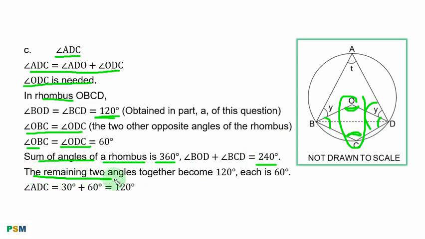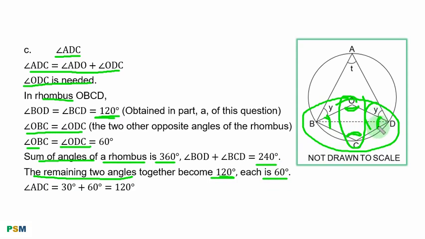The remaining two angles together become 120 degrees. That means this angle and this angle together is 120 degrees, and because both are equal, each one of them will be 60 degrees. So this part is 60 degrees.